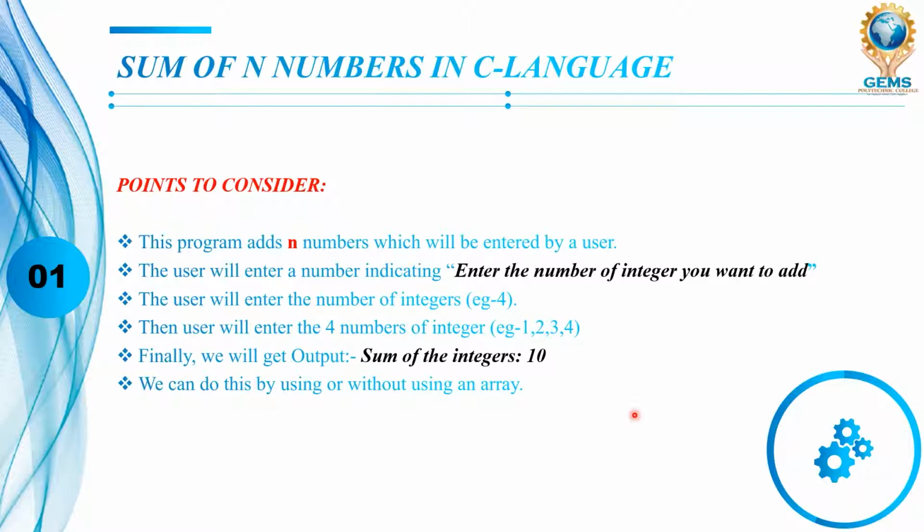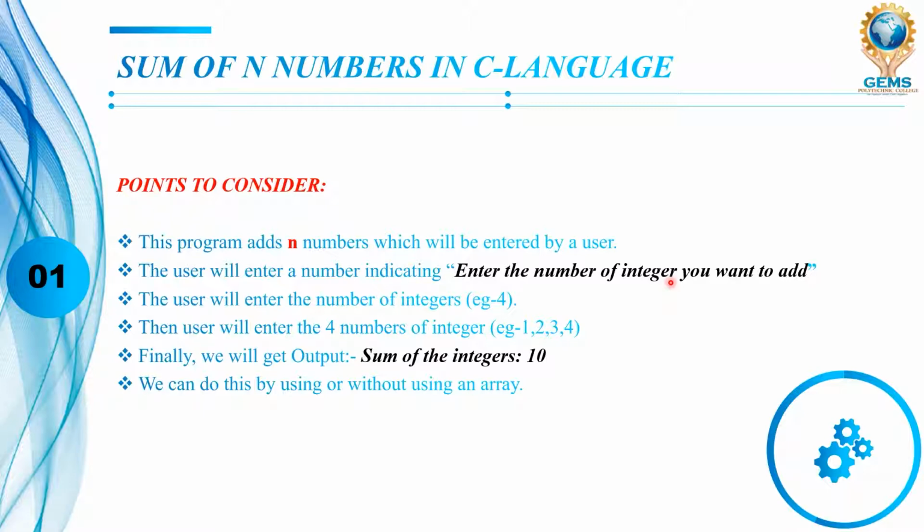Second point says here, the user will enter a number: enter the number of integers you want to add. Dear students, please don't be confused here. When the coding works, this output will appear on the user's screen.